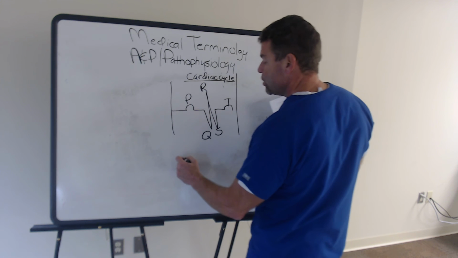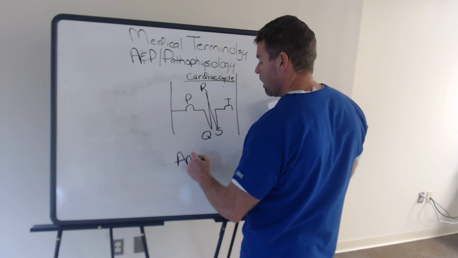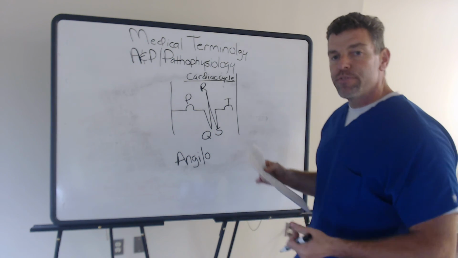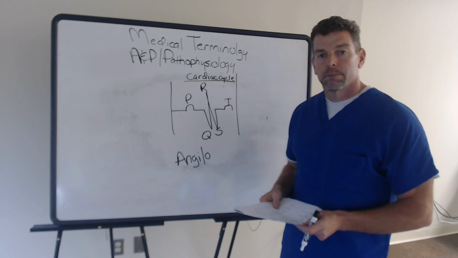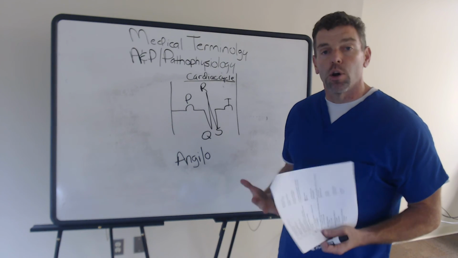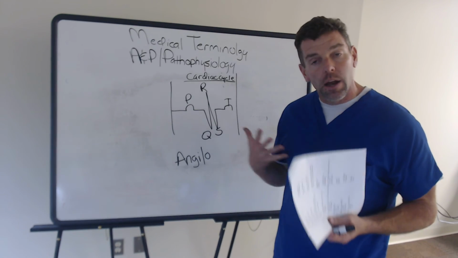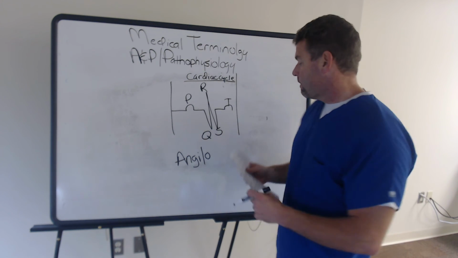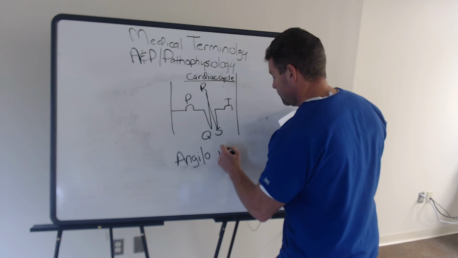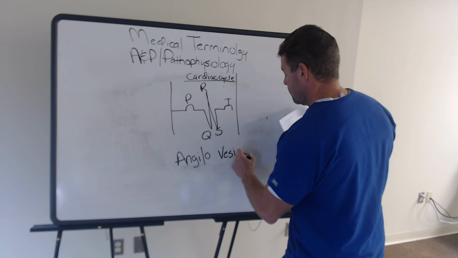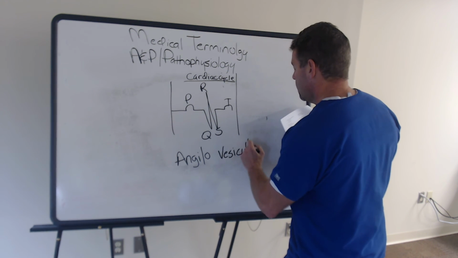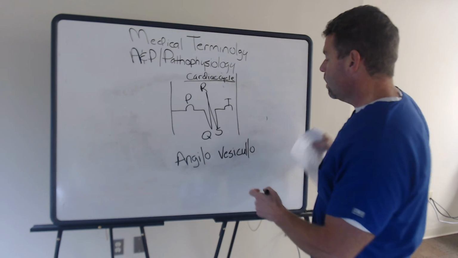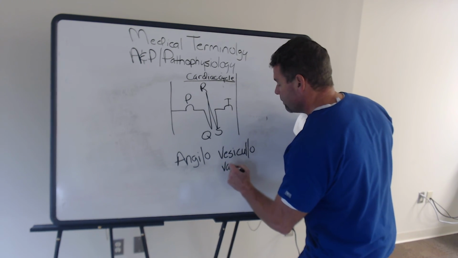Angio is a combining form that means vessels. Vaso, V-A-S-O, that also means vein or vessels. Vesiculo and vasculo also mean vessels.